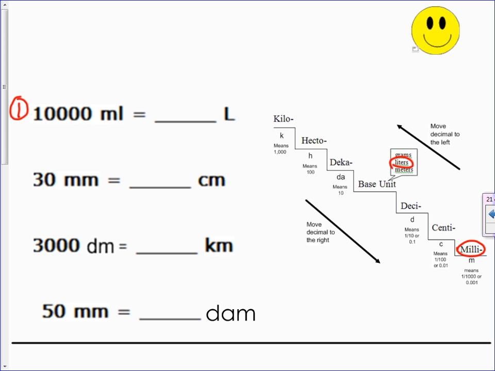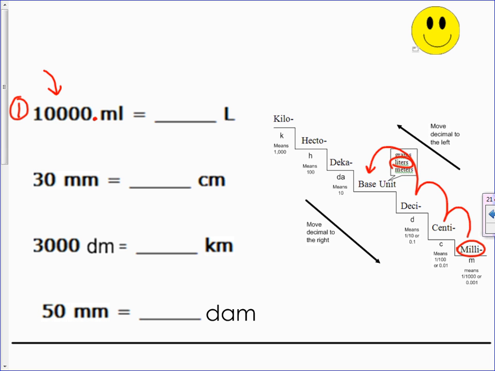How many stairs will I go up or down? Well, let's see. We go up 1, 2, 3. Okay, so we just went up 3 stairs, and when we went up those stairs, we moved to the left. So now looking at this number here, our decimal point's at the end of the number because there's not a decimal point already written in it. So we assume it's at the end of the number.